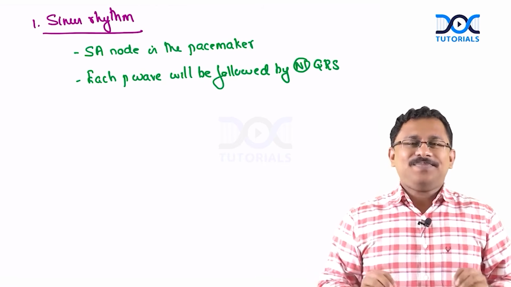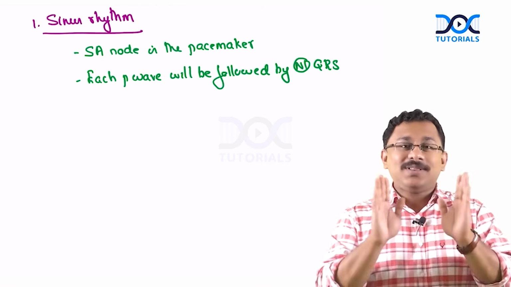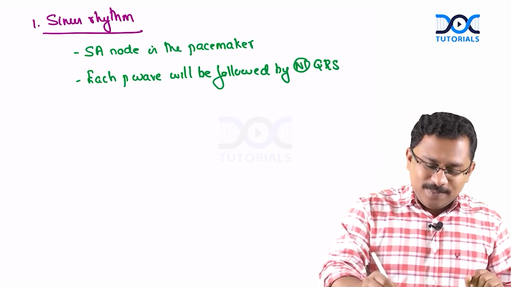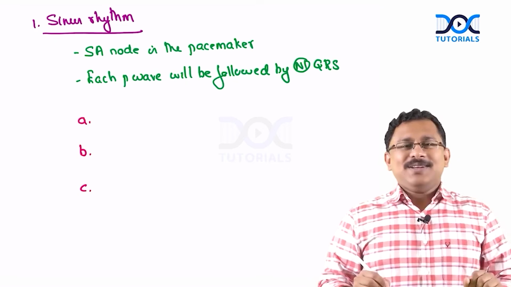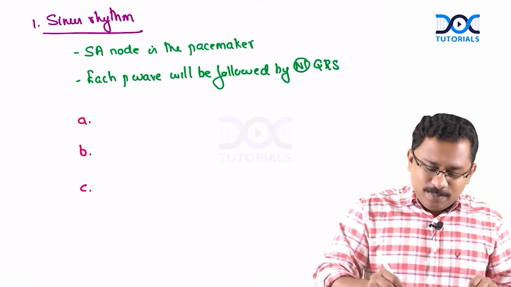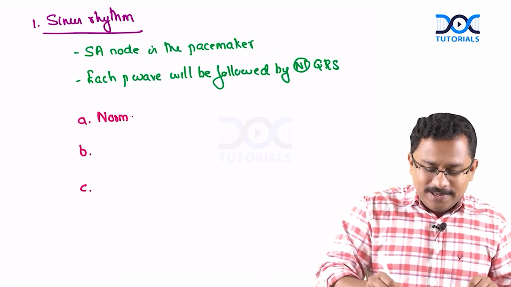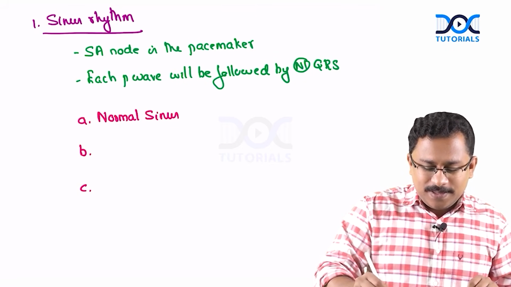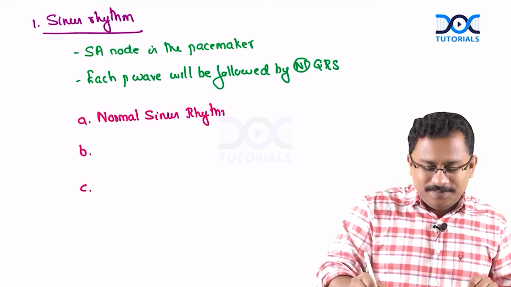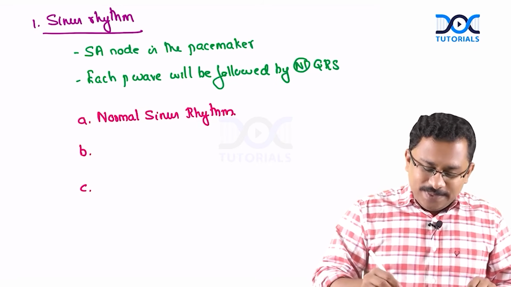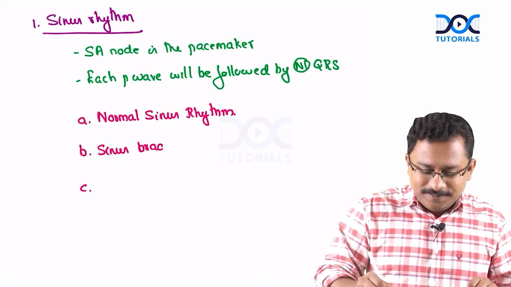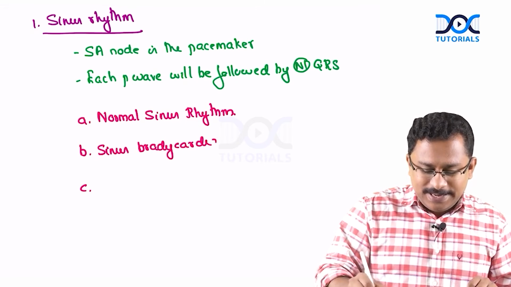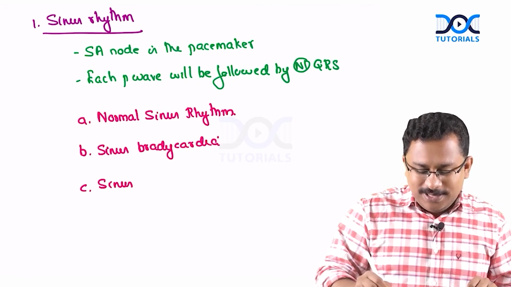Now sinus rhythm you can further subdivide into 3 rhythms, A, B and C. Number 1 is normal sinus rhythm, number 2 is sinus bradycardia, and number 3 is sinus tachycardia.